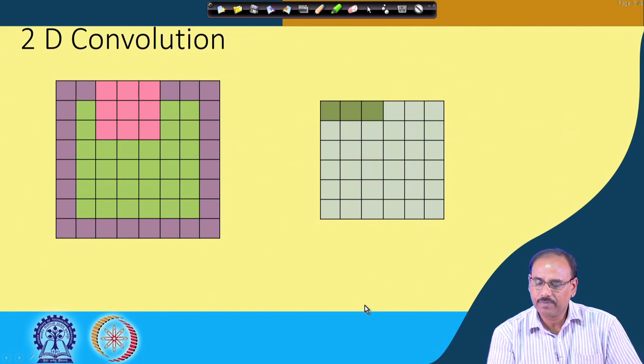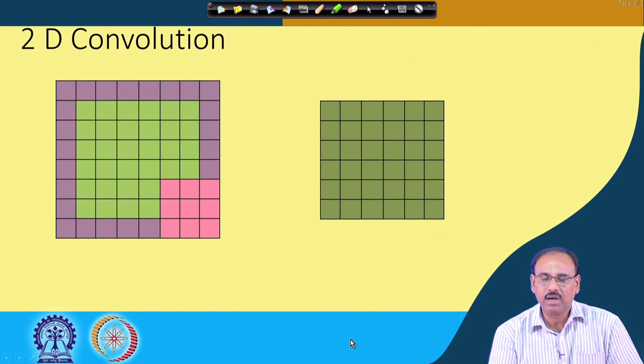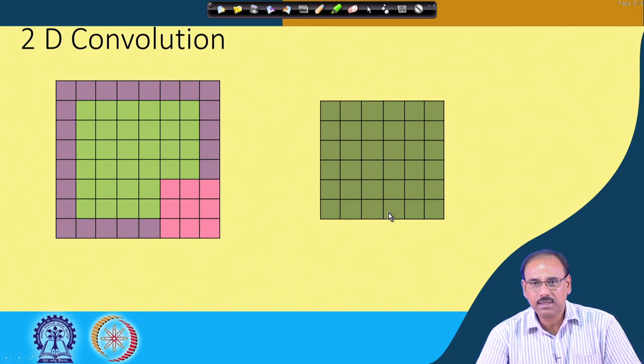Then you come to the next row, compute the same value and so on. As you slide over the entire image, computing the convolution at each location, ultimately you get the complete feature map, as given on the right hand side over here. So, this is the convolution operation.